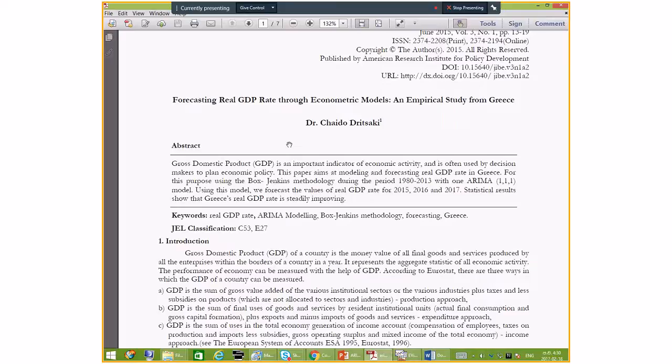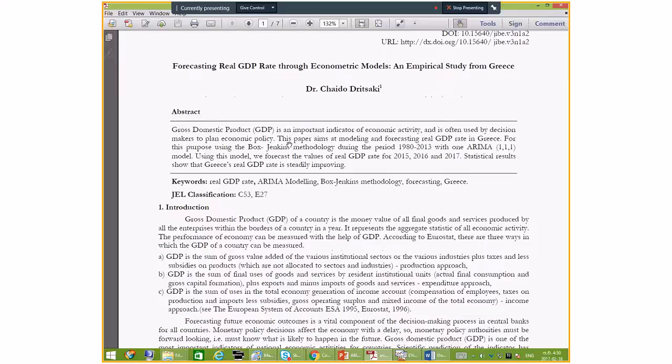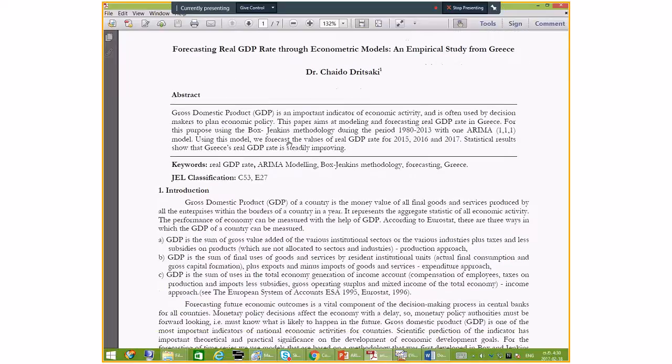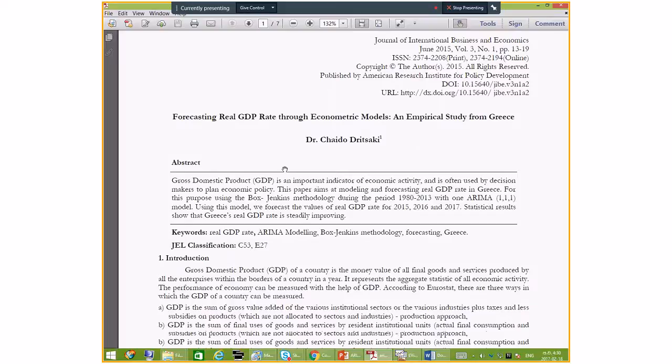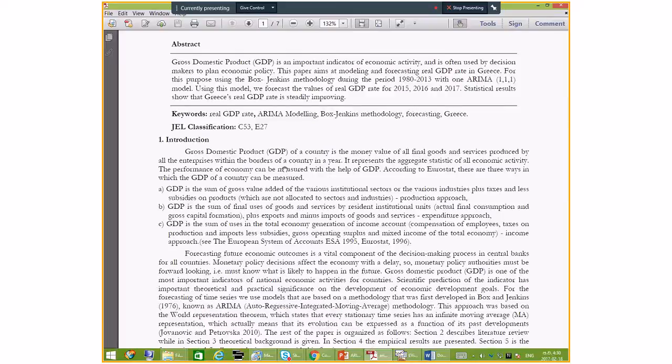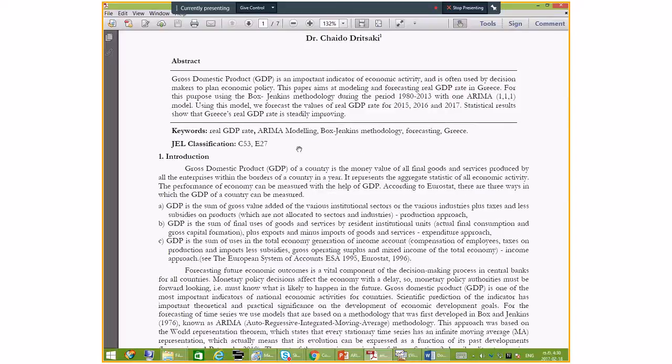This article shows how to forecast the real GDP rate through an econometric model. The article uses the ARIMA model to analyze and forecast the data.